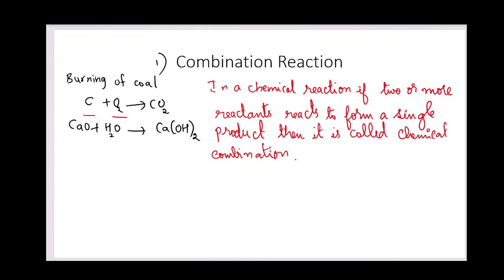So what is chemical combination? Chemical combination is when two or more reactants react to form a single product. That is what is called chemical combination.